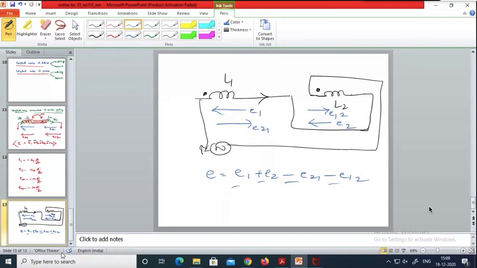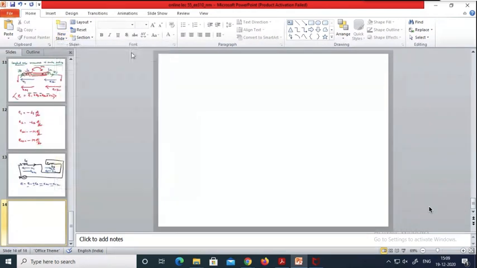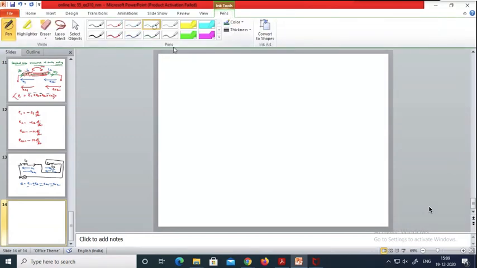Okay. So now we should take up the coupled coils in parallel aiding.